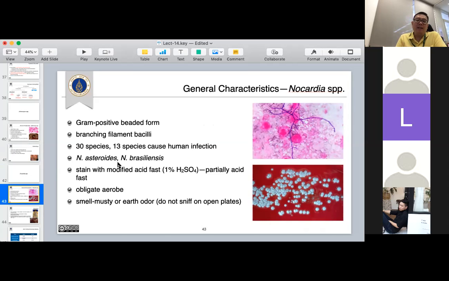Staining of Nocardia is not regular acid-fast, but uses modified acid-fast. Normally in acid-fast you wash with hydrochloric acid, but for Nocardia, we change the hydrochloric acid to 1% sulfuric acid. That's the modified acid-fast staining. Obligate aerobe, they cannot live in anaerobic conditions. Okay.